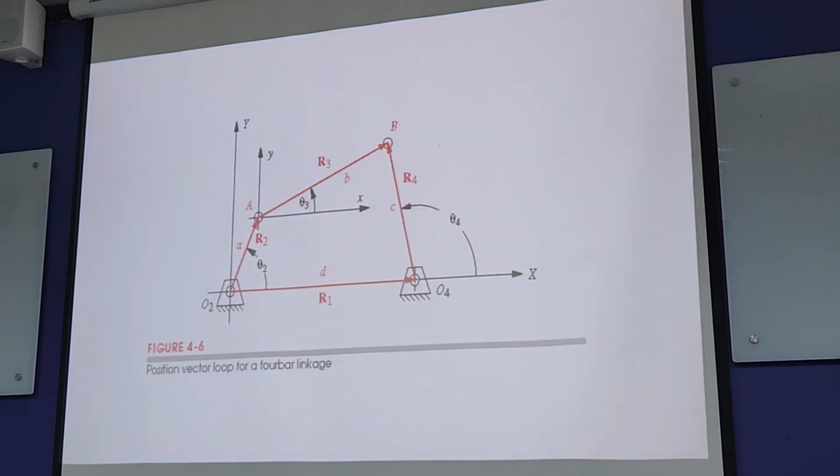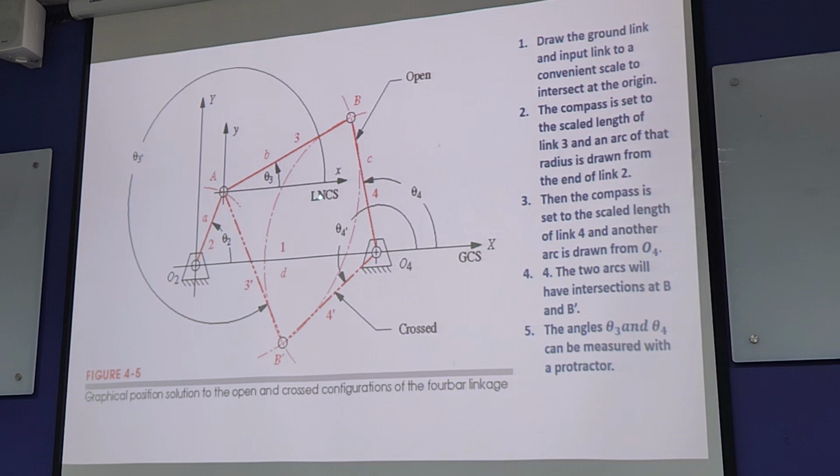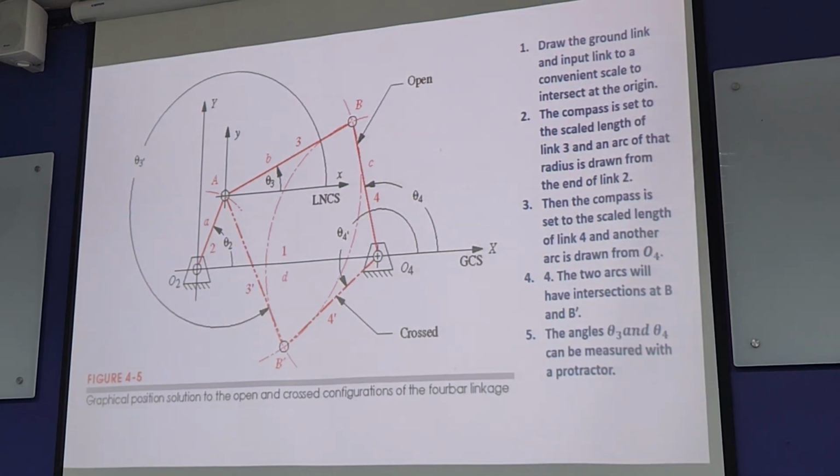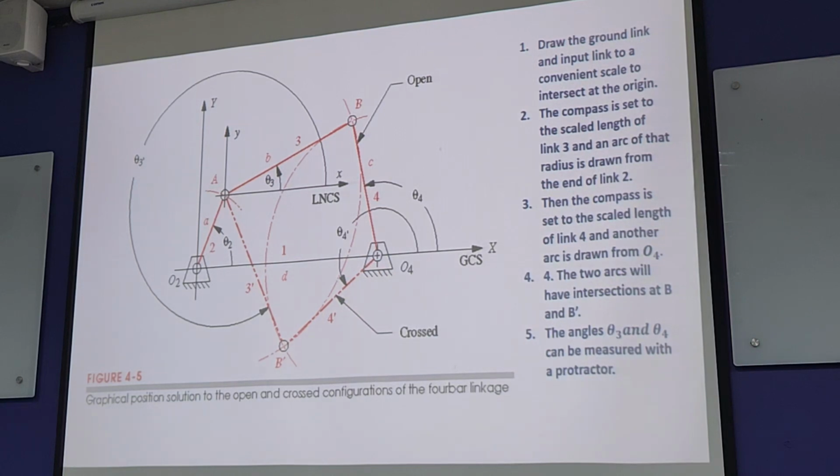Once you fix the point B, you can measure this, the orientation of theta 4, and this is the orientation of theta 3. So position analysis is much simpler. This is the graphical position analysis.